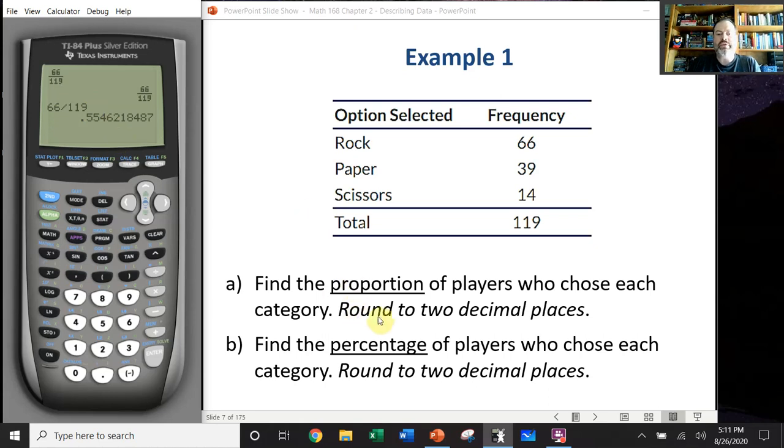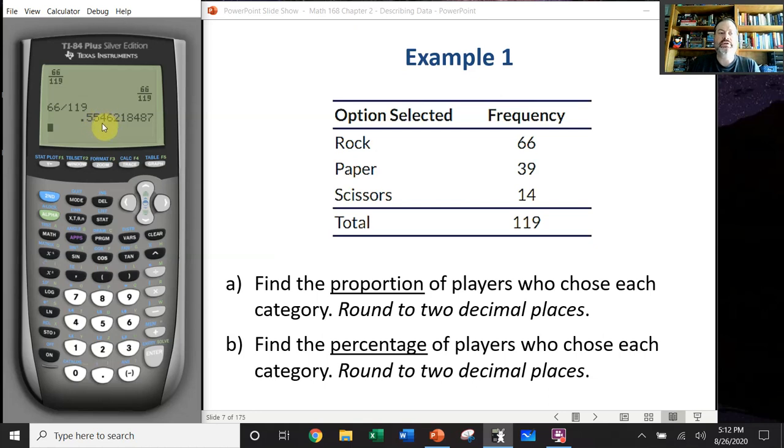All right, so we want to round this to 2 decimal places. We can see here that we have 0.5546218. 2 decimal places, that's this 5. So we want to round, so it's either going to be 0.55 or 0.56. This 4 is our rounding digit.